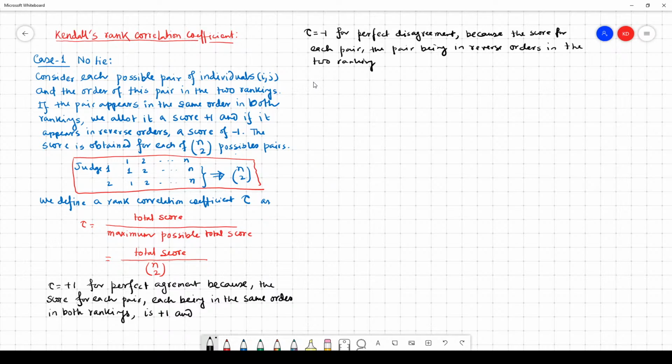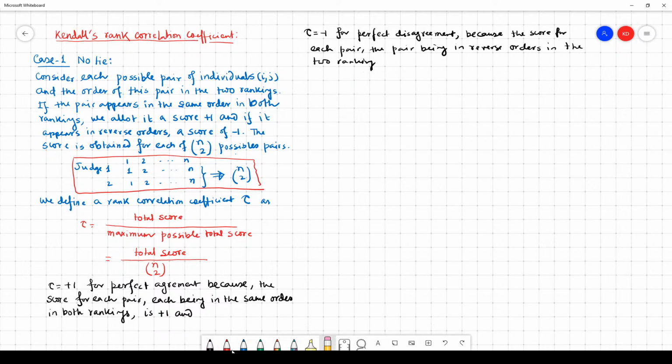So now, this is the computational procedure, because considering NC2 pairs is quite laborious, so it is better you proceed in the following way for computing Kendall's tau.